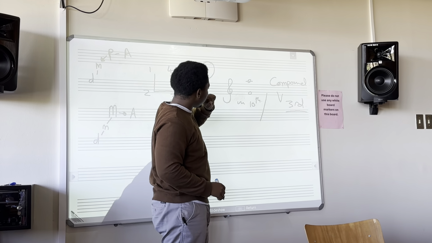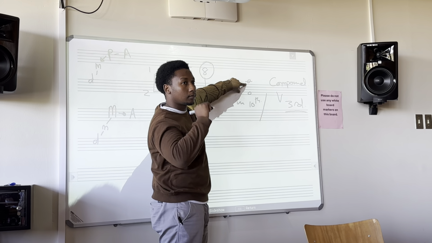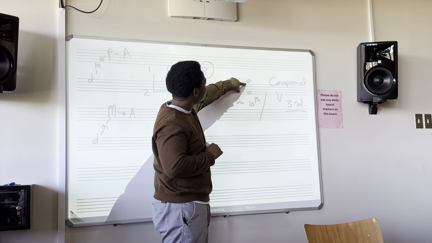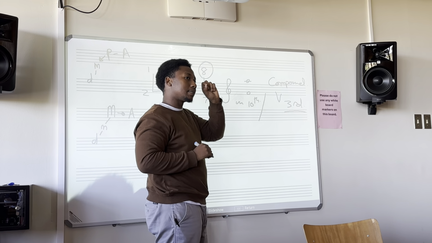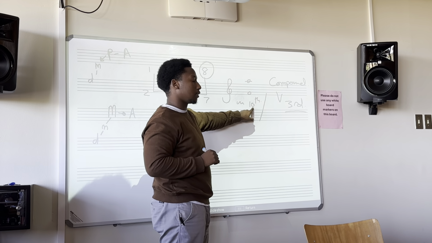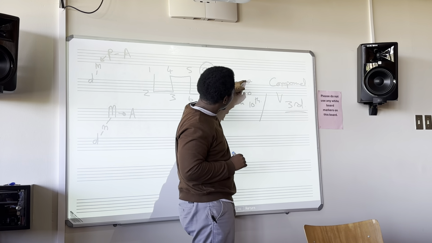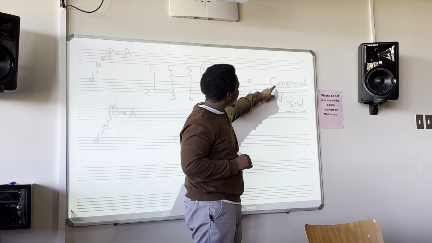So if you have an interval that exceeds an octave, okay, you can either state the quantity as is. F to A, it's a tenth. Then you calculate the quality. Or you can drop this one there and say compound.